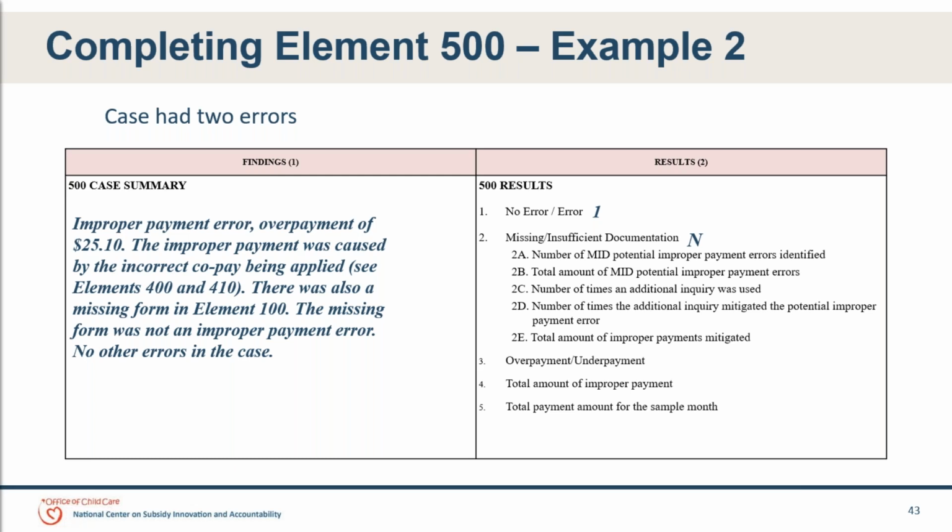The payment error was not caused by MID, so we'll code 2 as N. 2A is going to be 0. There were no MID potential improper payment errors. Going down to item 3, we've coded O for overpayment. We have an improper payment amount of $25.10. And the total payment amount for the sample month was $225.25.